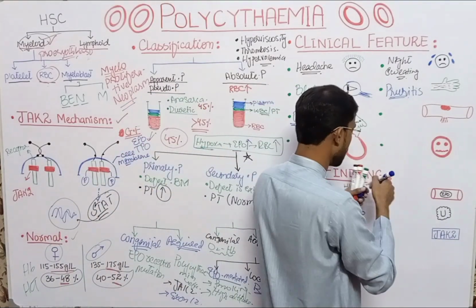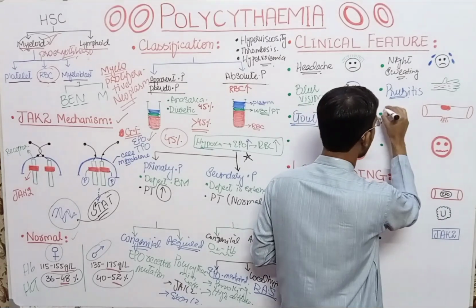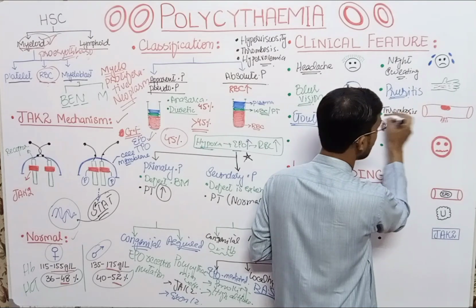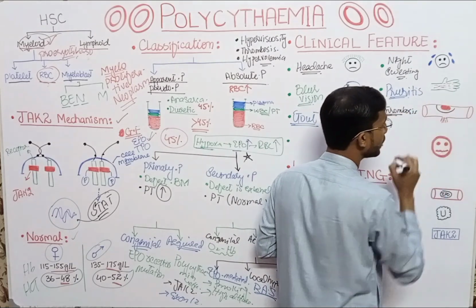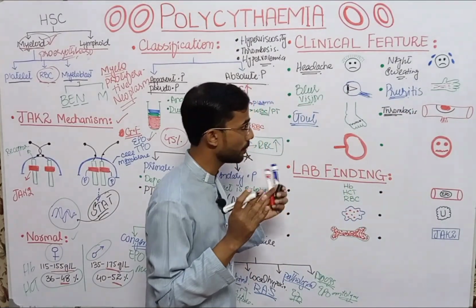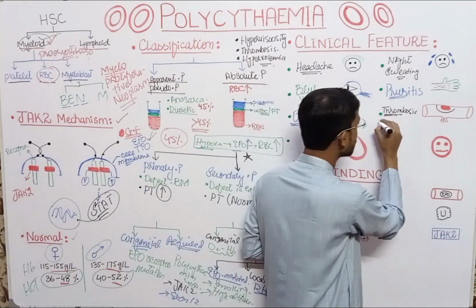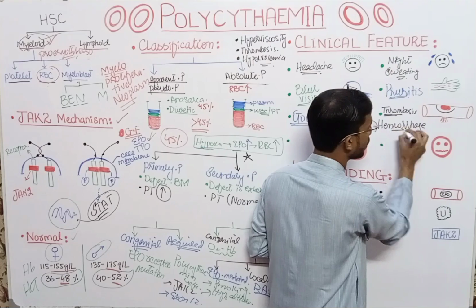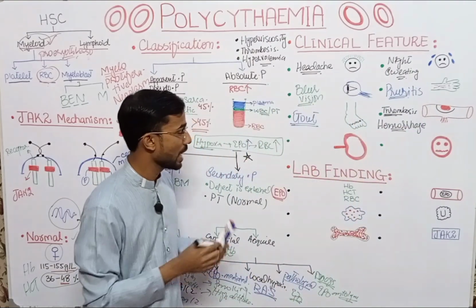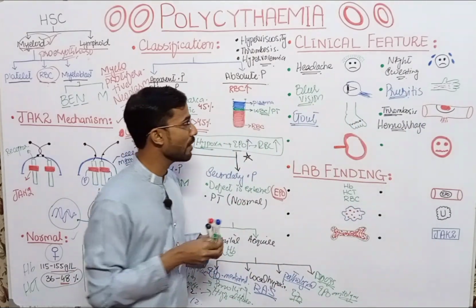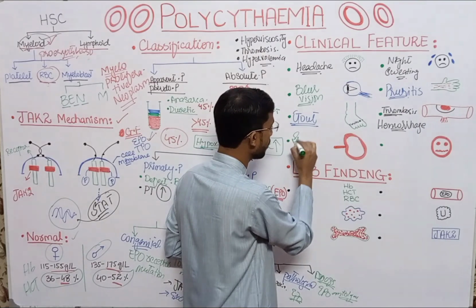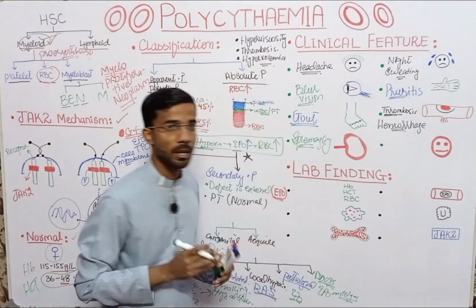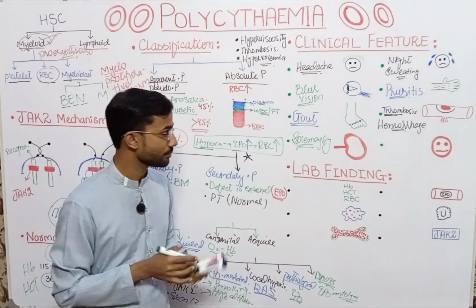Next, you can also see thrombosis, formation of a thrombus in the blood vessel, and you can also see hemorrhage, which is rupture of the blood vessel. And in polycythemia vera, there is splenomegaly. Splenomegaly can also be seen in polycythemia, with enlargement of the spleen.